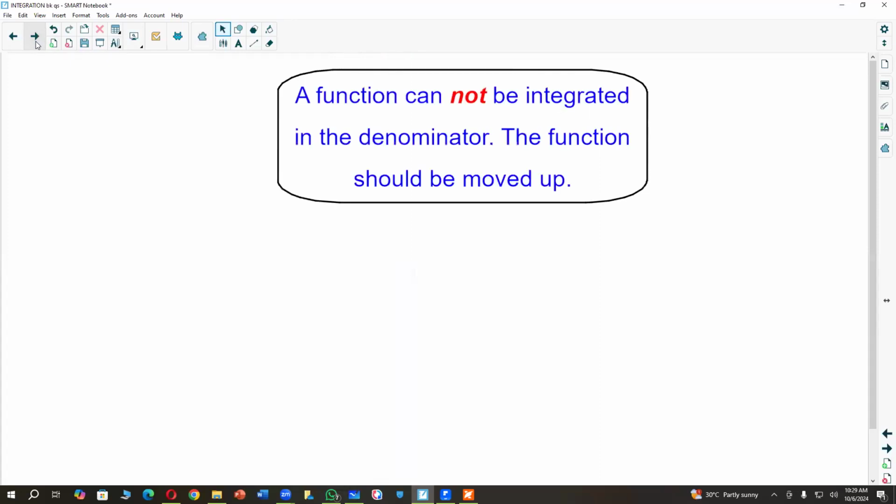Now, a function cannot be integrated in the denominator. A function should be moved up. So you have to take a picture of this.